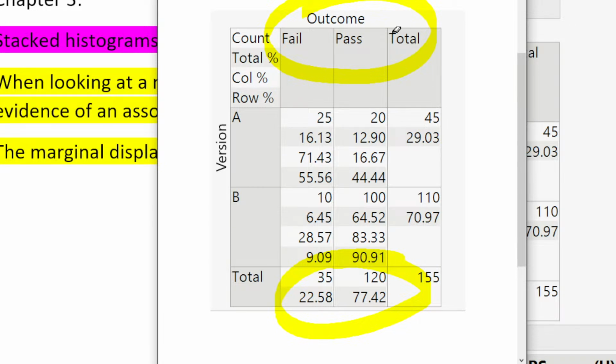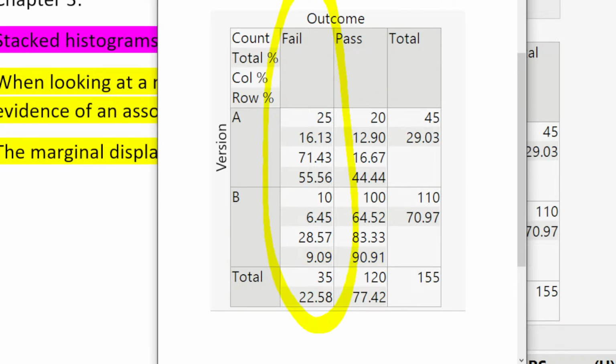Now, if I do this, what kind of display am I doing here by saying, of the students who failed, what percent took version B, which is 10 over 35? This is called a what display? That is a conditional.